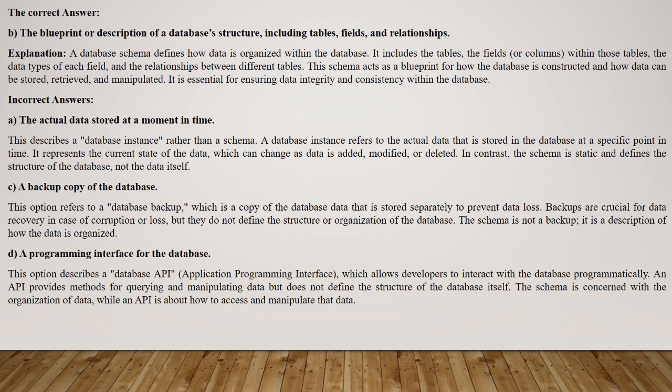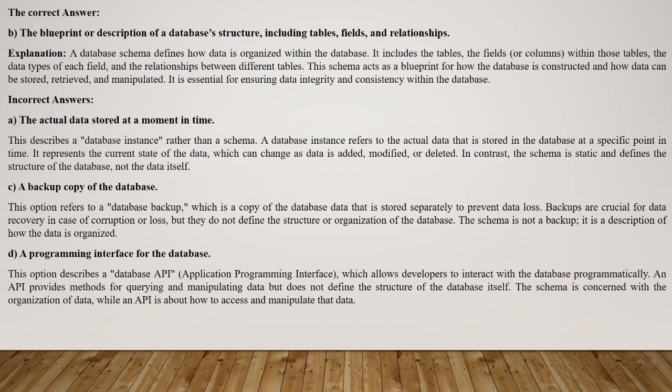D, the programming interface for the database. This one is also incorrect because this is a database API, an application programming interface, which allows a developer to interact with the database programmatically.